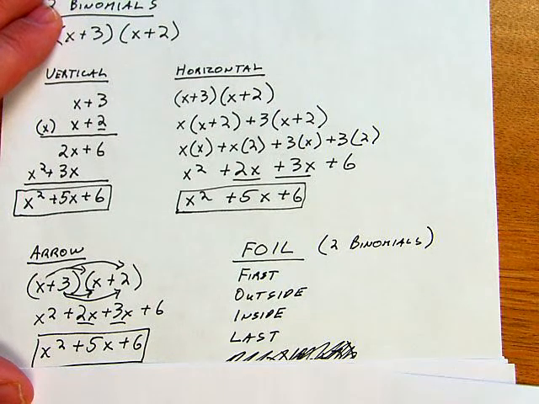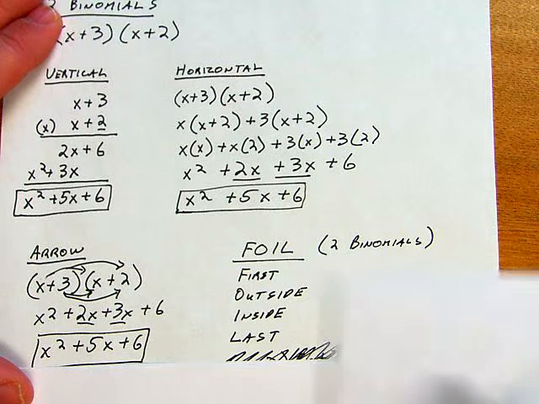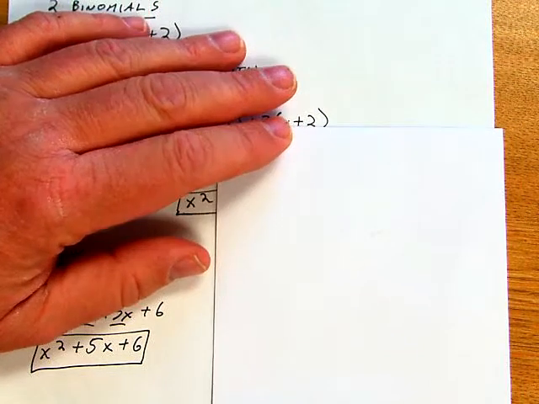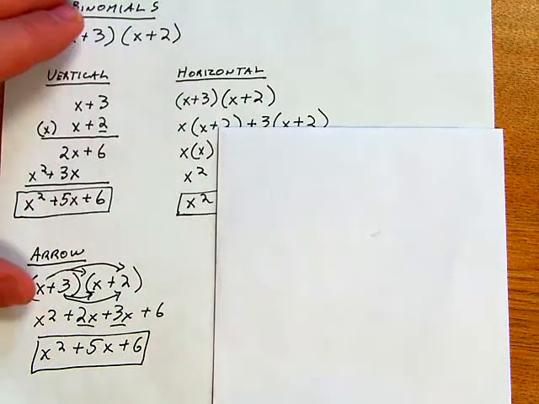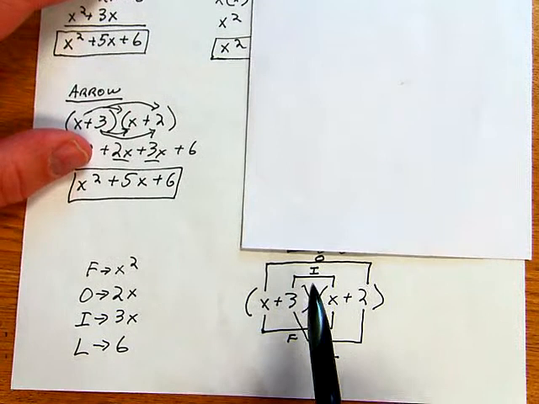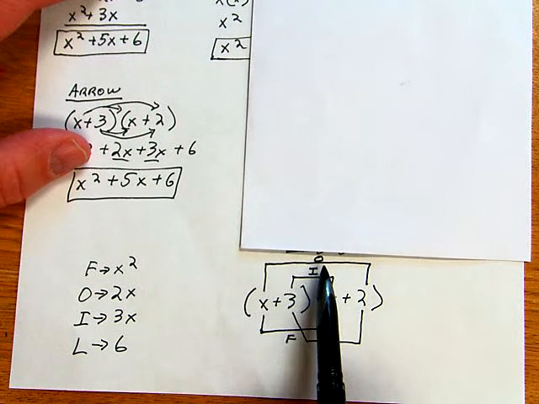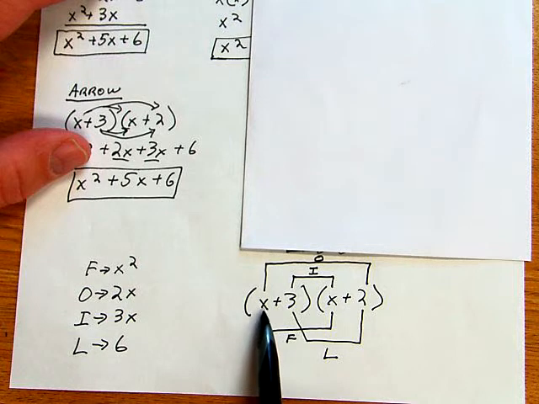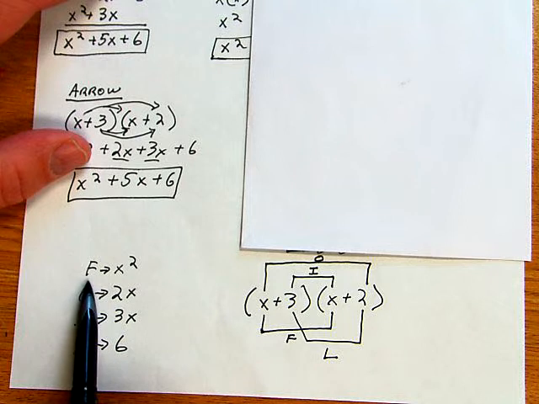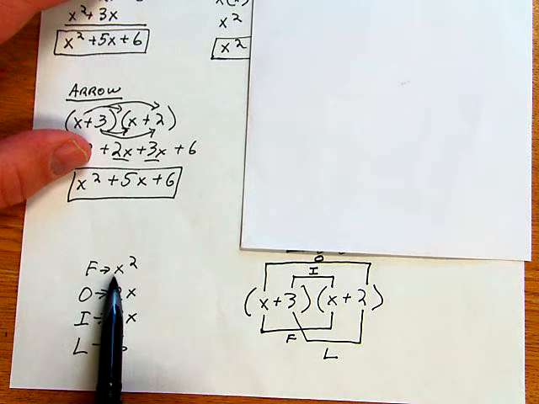That basically means that when you're multiplying the two binomials together, you have the first term, x, times the first x. So there's your F, first, and you get x squared for your first terms.